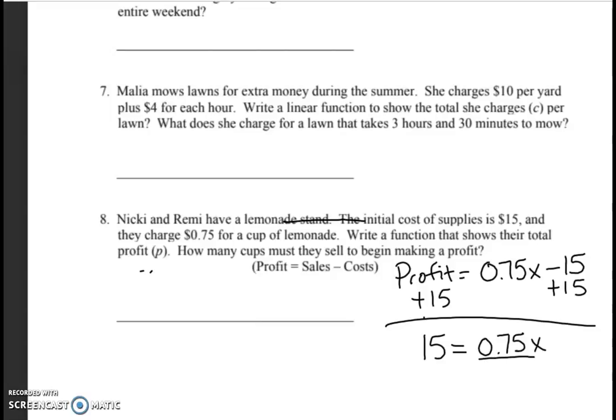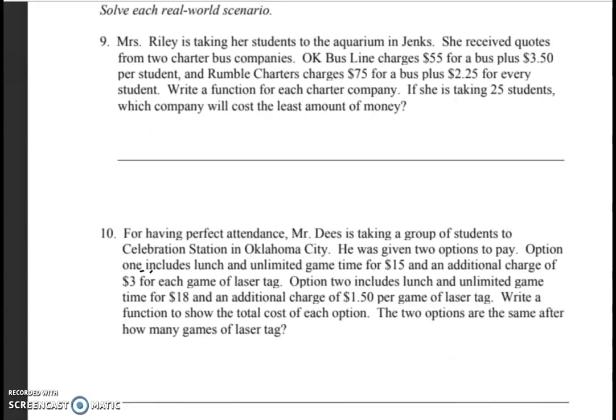To solve for x, you do the opposite or the inverse. You do 15 divided by 0.75, which would give you 21. So they would have to sell 21 cups before they even start making money, because they have to cover their supplies. It's just like the one we did in our notes about the strawberries.